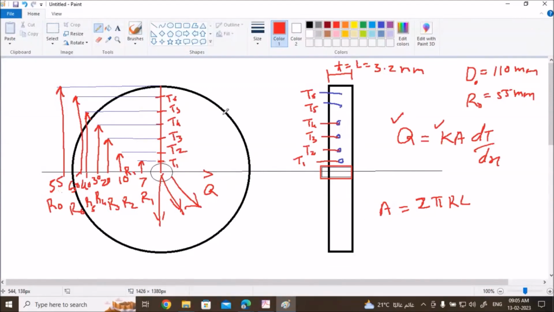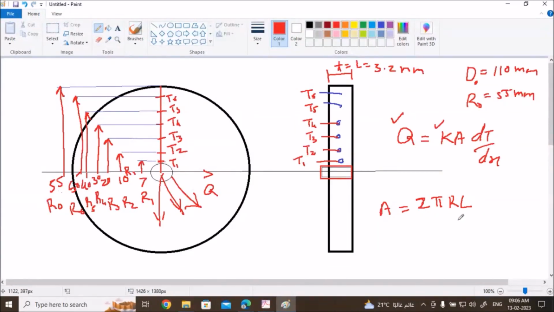This is the thickness, and heat is flowing across this, so the perpendicular area is like this. If you see from the 3D view, this will be the perpendicular area. So heat is flowing in this direction, outward.